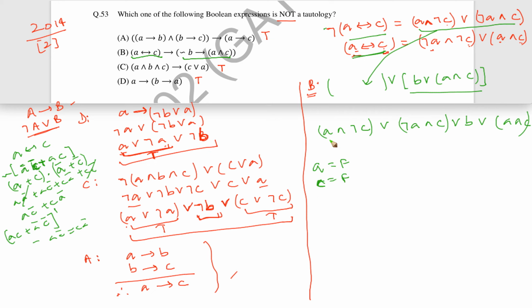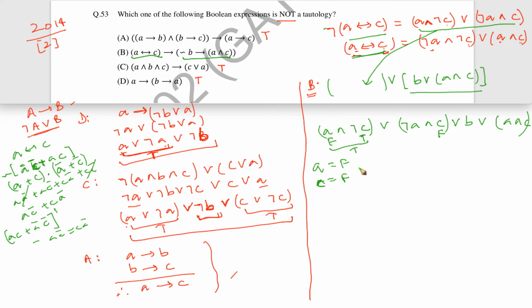So if A is false and C is false, then if C is false, not C is true. But false and anything is always false.